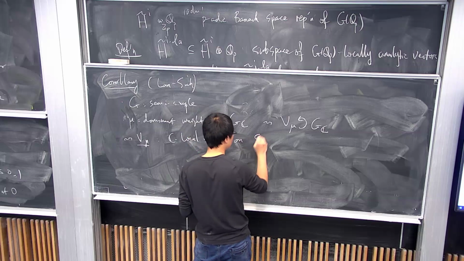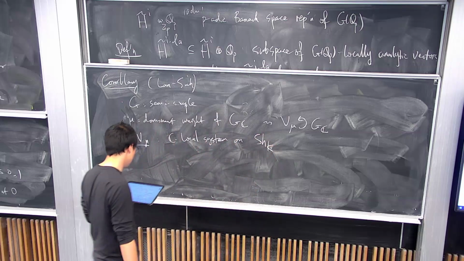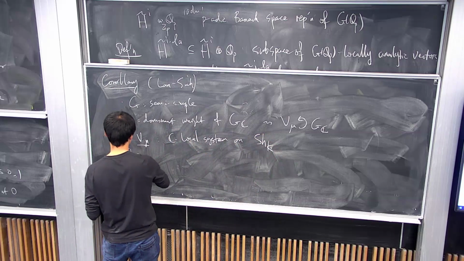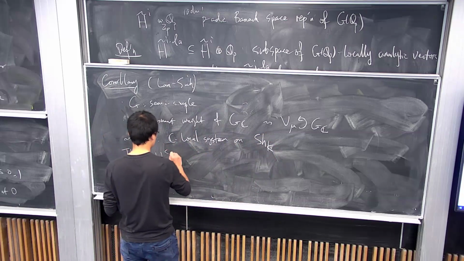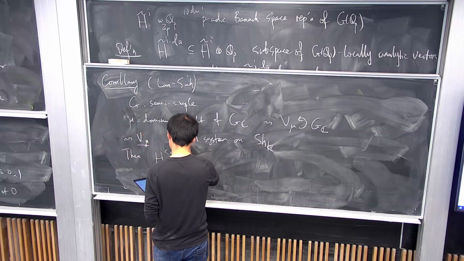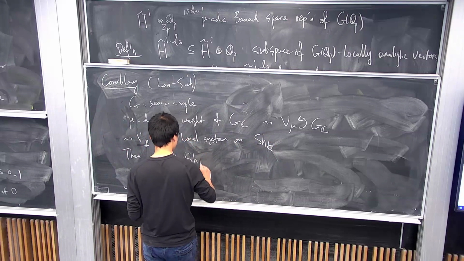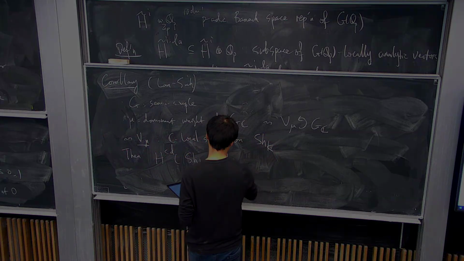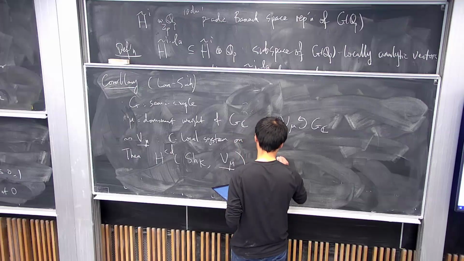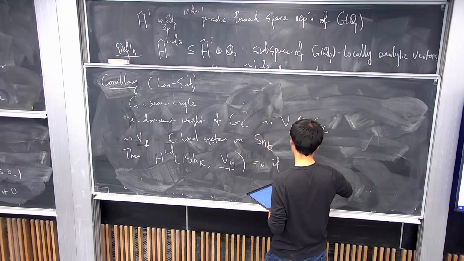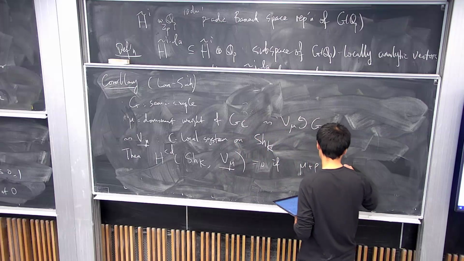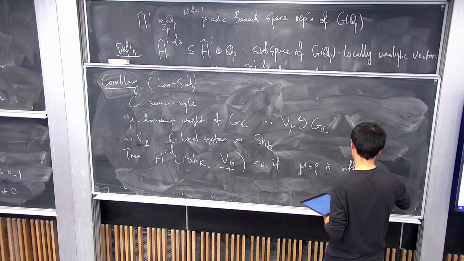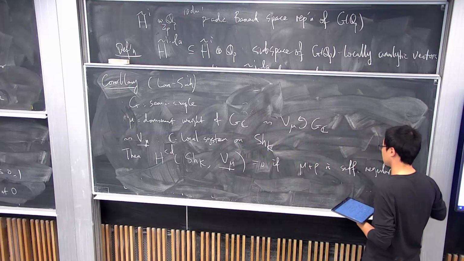I just fix some level K. Then this cohomology vanishes below middle degree if mu plus rho is sufficiently regular.